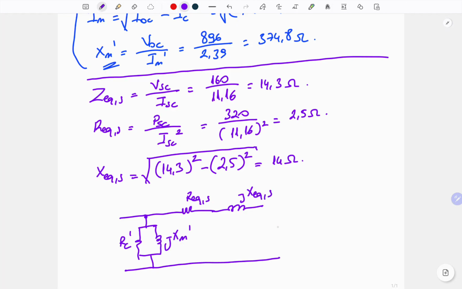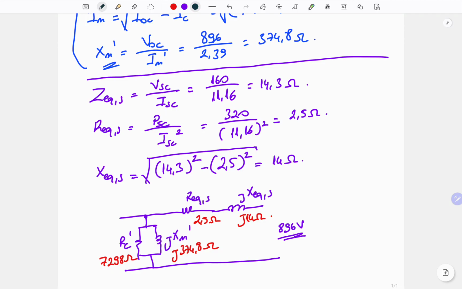And we are using the secondary side voltage level for this analysis. According to our calculations, RC prime is 7,298 ohms, XM prime is 374.8 ohms, R equivalent secondary is 2.5 ohms, and X equivalent secondary is 14 ohms.